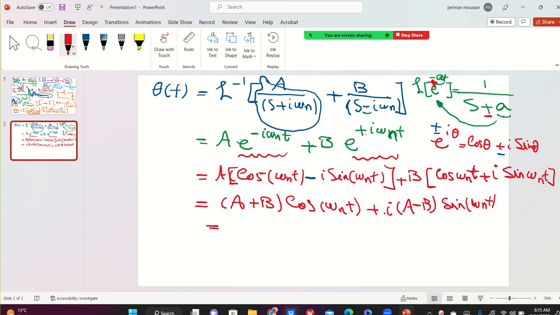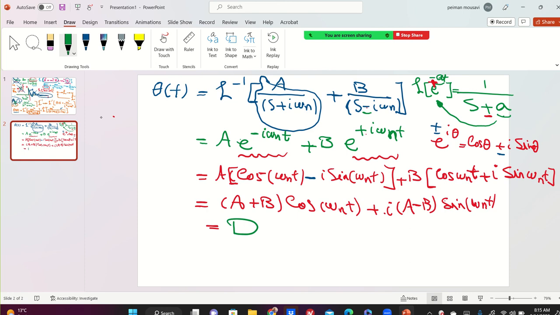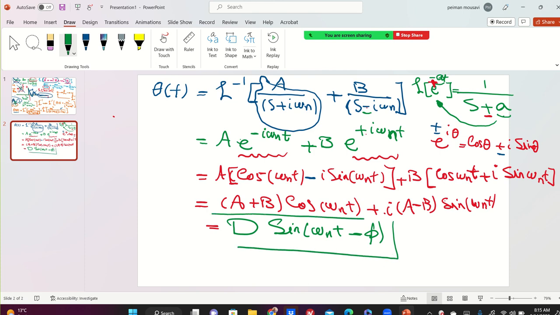At the end, if you remember, I said that I can merge this using trigonometry and say it's going to be D sine(omega_n t minus phi). Exactly, you have this in your notes. Yes or no? This solution. Yeah. So this time we came from the Laplace way.